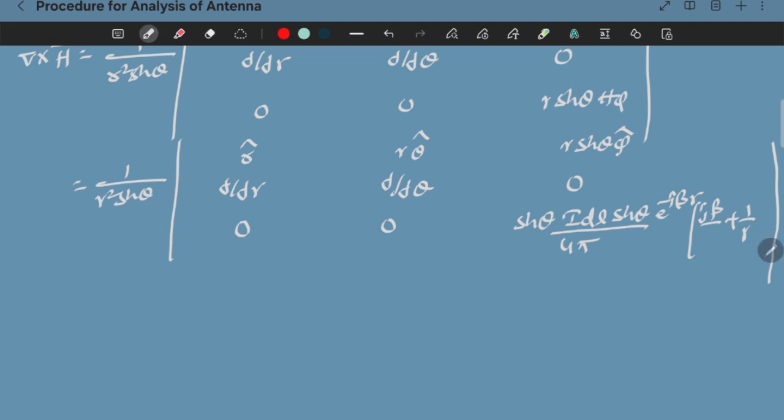Then we perform this determinant. When you want the r component, remove this column, remove this row. So this is to be differentiated with respect to theta, and then these two anyhow 0. So the r component is existing. What about the theta component? Remove this column, remove this row.